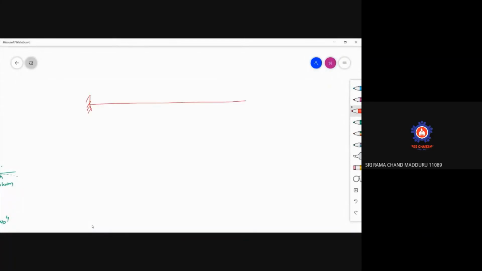This is a support here, another support here, which is 1 meter. A point load of 10 kilonewtons is acting here. A UDL of 15 kilonewton per meter is acting here, and the length is 4 meters. A point load of 70 kilonewtons is acting here. This is 2 meters. This is 4 meters. Total length is 6 meters.